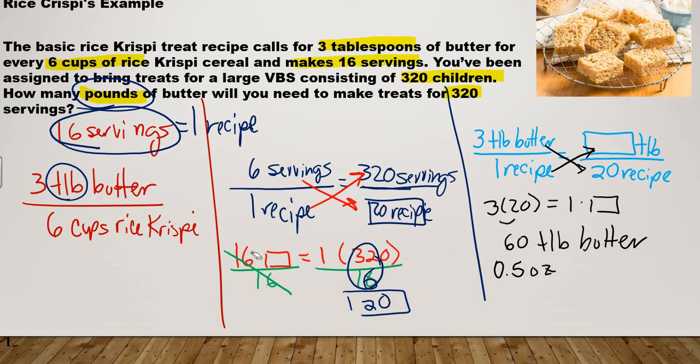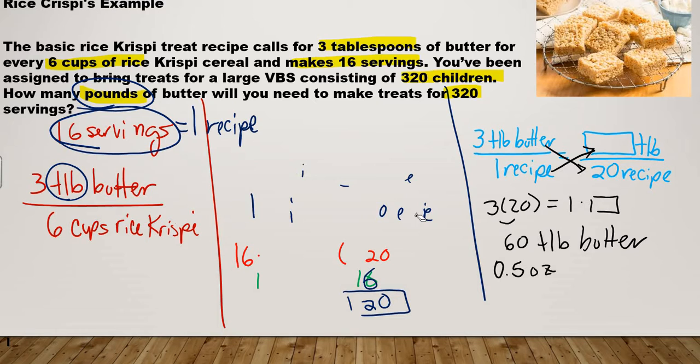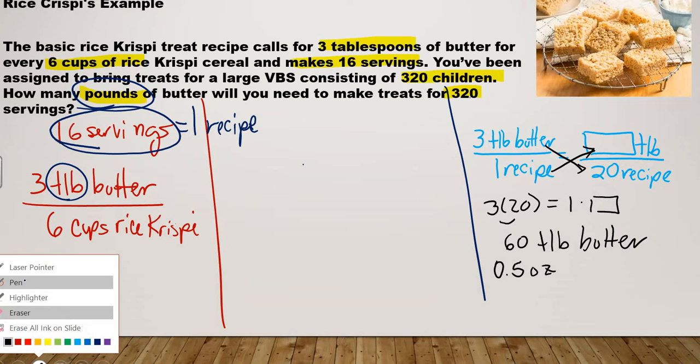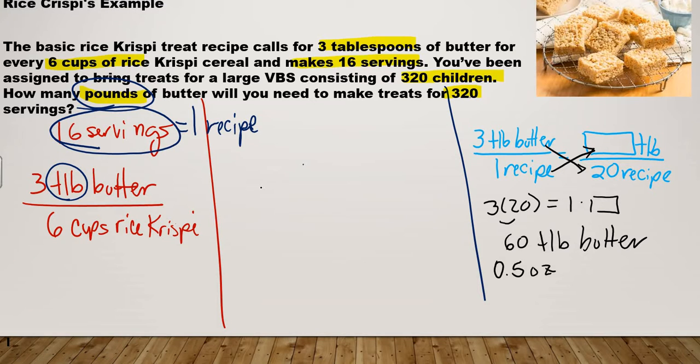Right here. Let's get a little space. I'm going to convert what I need into ounces because it's easier to think in ounces. So I know that 1 tablespoon is 0.5 ounces.